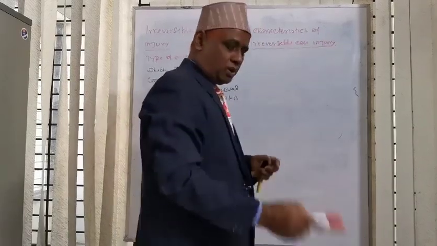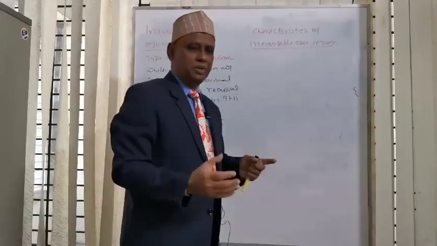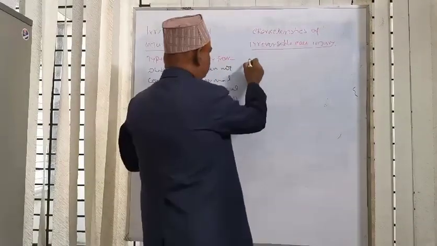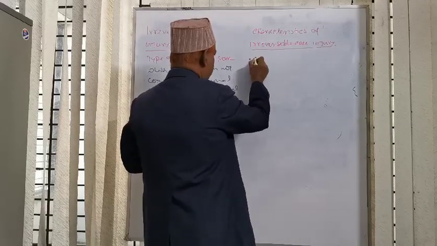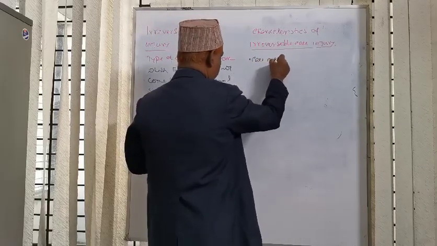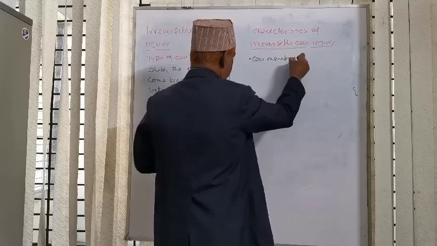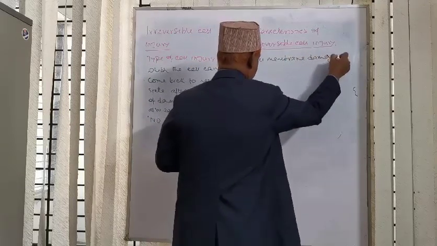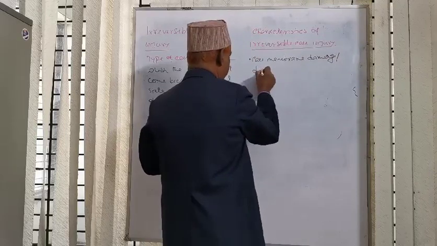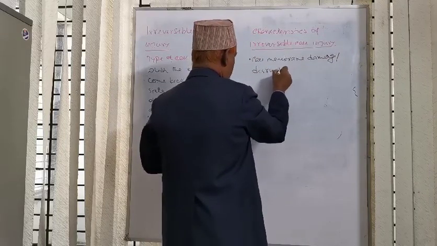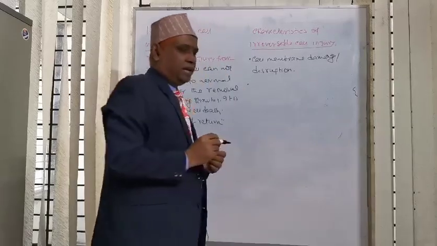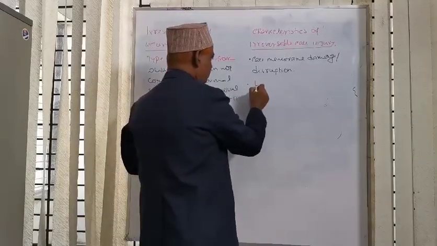It means what are the characteristics of the cell when it undergoes irreversible cell injury. The first and foremost characteristic: cell membrane damage or disruption. Then lysosomal swelling.